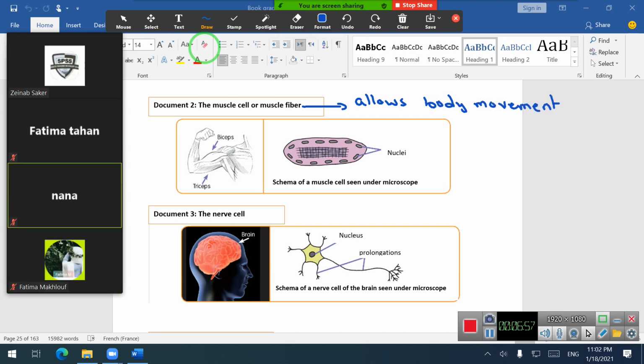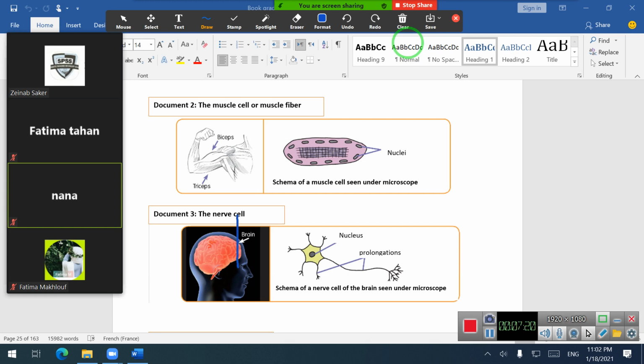Also, the muscles cover the bones of the body. I have in this photo the biceps muscle and the triceps muscle. When the biceps muscle, for example, contracts, the triceps muscle relaxes. This is another kind of cells. So I have now 2 cells, blood cells and muscle cell.